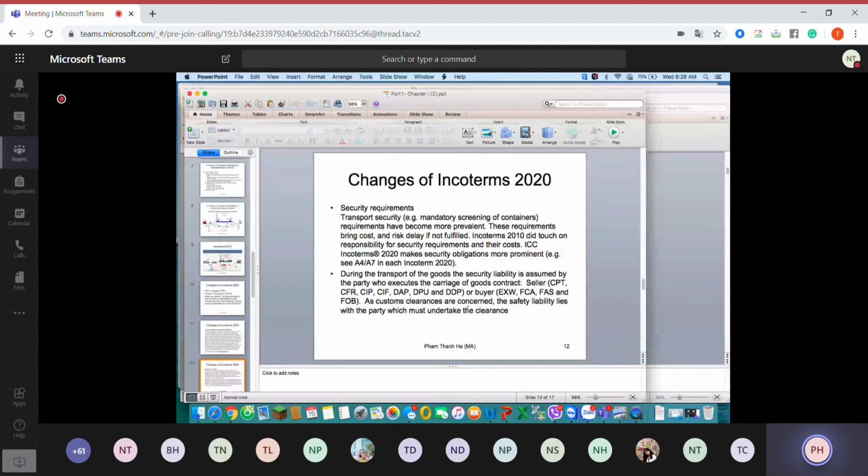As Incoterms 2020 mentions, for CPT, CFR, CIF, and CIP, DAP, DPU, and DDP, which means the C group and D group, the seller needs to be responsible. But for the E group and F group, the buyer needs to be responsible.